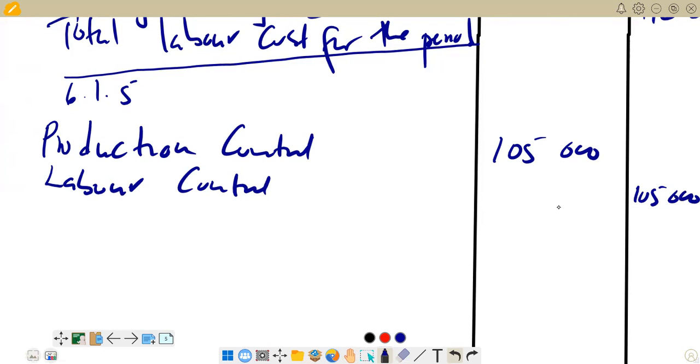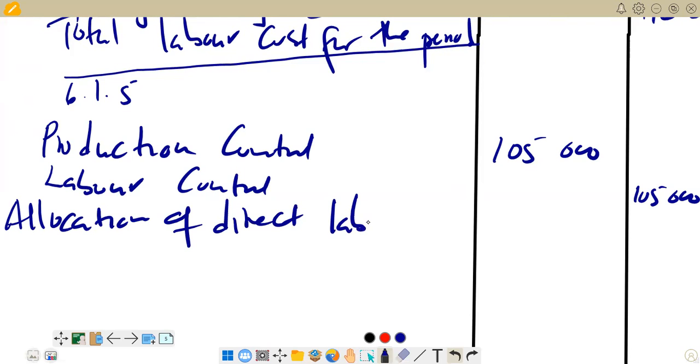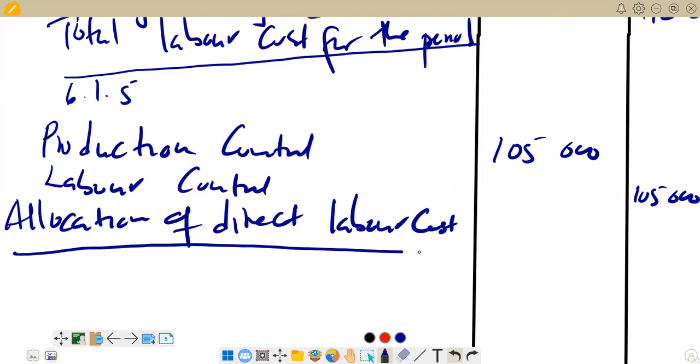So this is what we have. Then on the narration, this is allocation of direct labor costs. So this is what we have. We can close the journal.